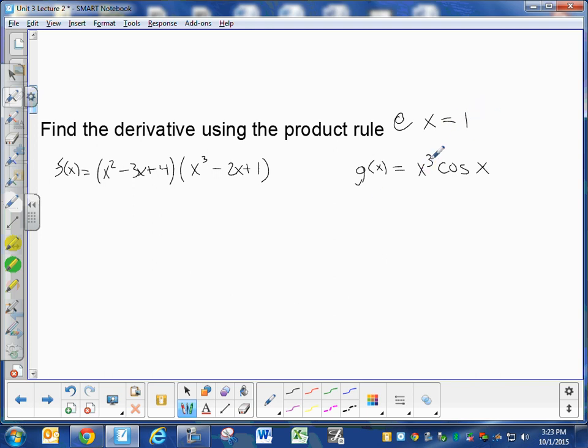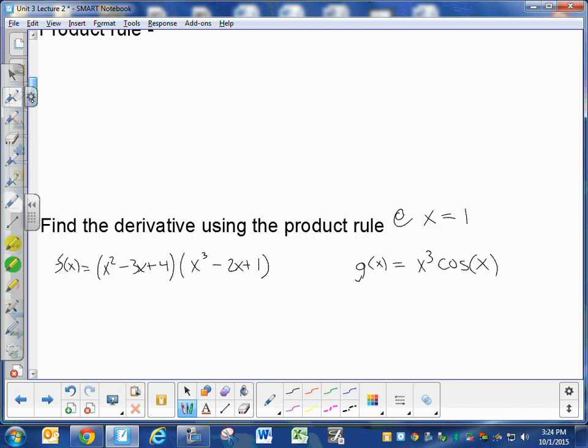I cannot multiply this x cubed by this x. This x is trapped by the clutches of the cosine and will not be released from cosine until we get rid of cosine, and can't get rid of cosine. So I have a product here, and I can't take the derivative as of right now because I can't simplify this.